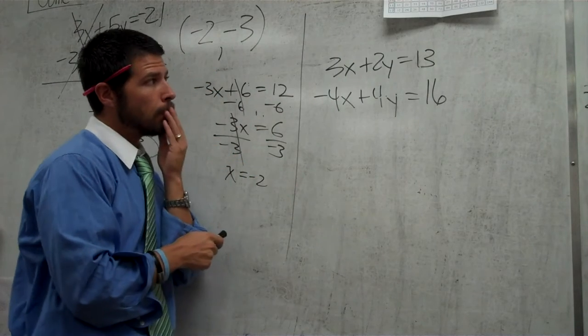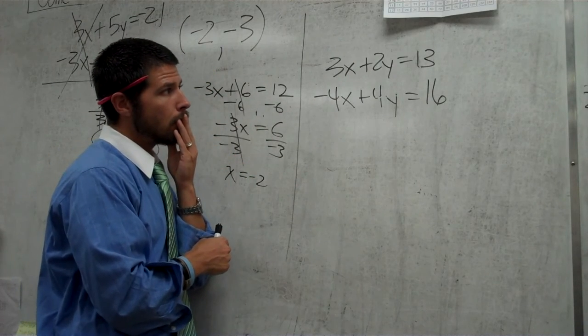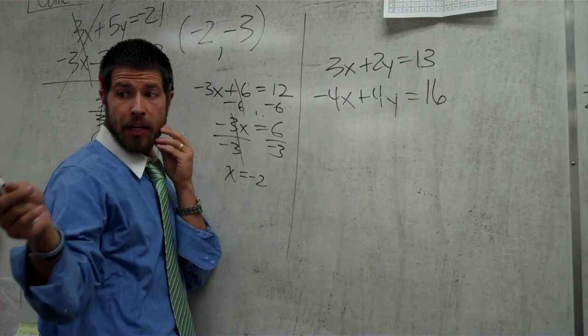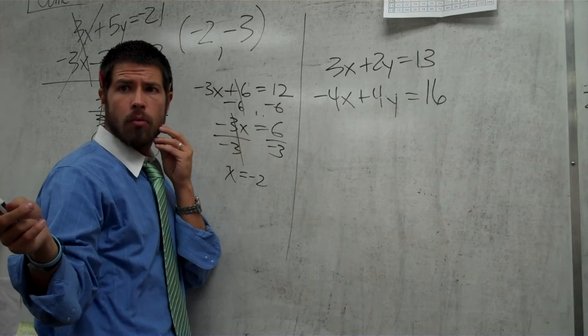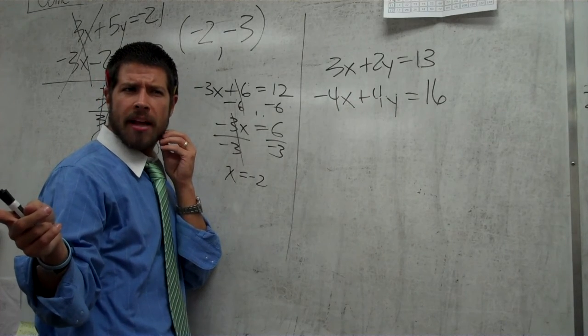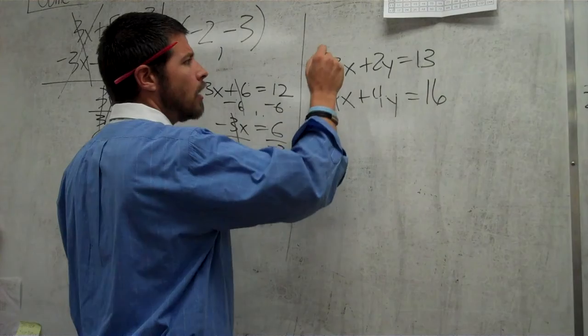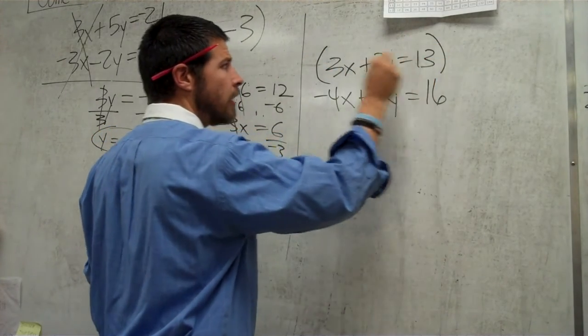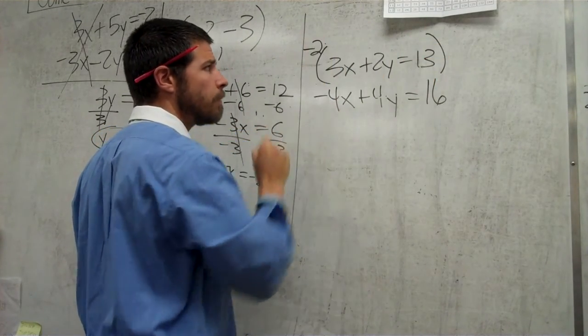Negative 2 might be good. If you multiply it by negative 2, put a big set of parentheses around here and put a negative 2 out in the front.